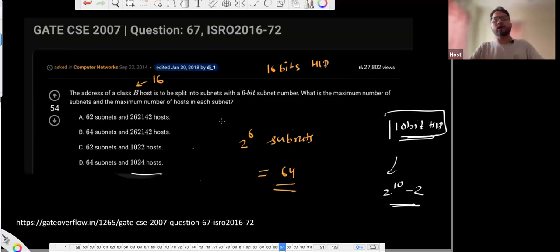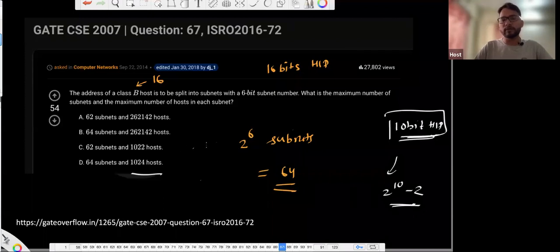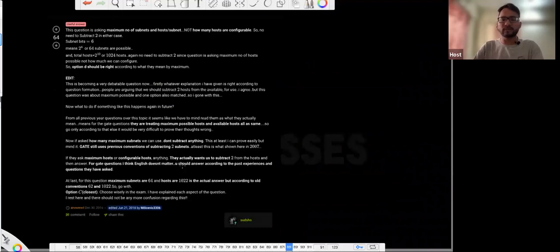Okay, so I think this is some controversial question, because 64 subnets are there, but if you have to have hosts, then the number of hosts actually possible is 1022 only. I mean, you have to have some network ID. Otherwise, how will you identify the network? So maybe it should be 1022 only. The answer is also saying it is a debatable question.